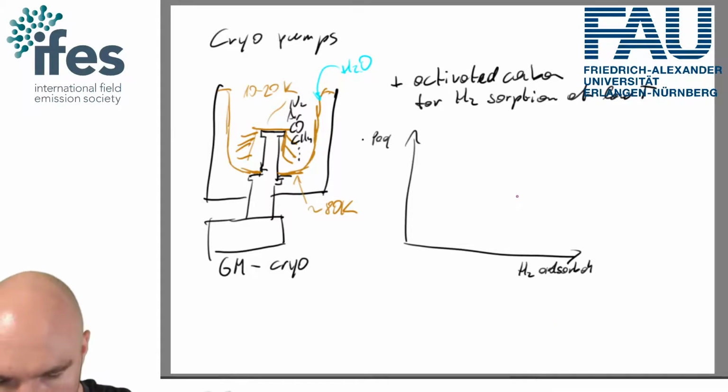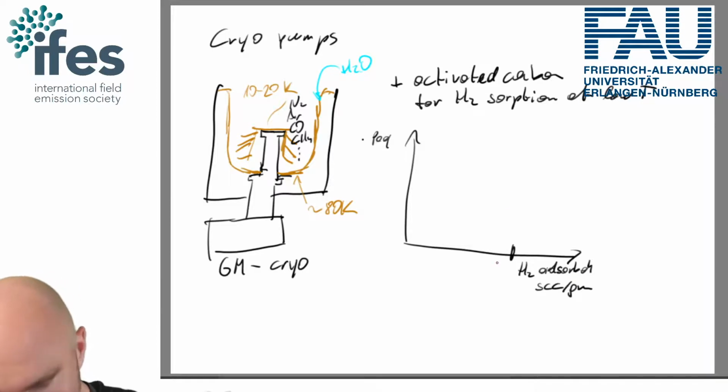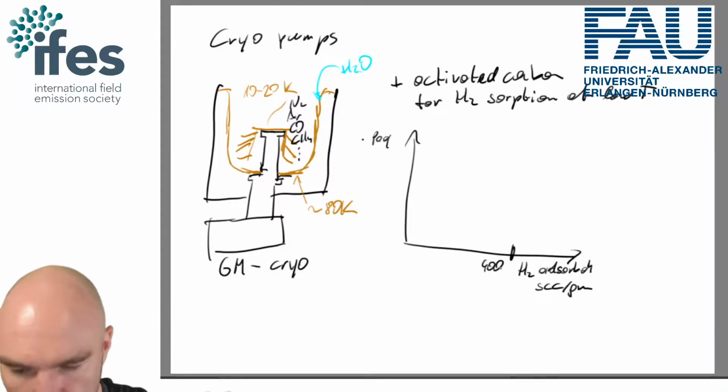then you'll see that, and we have that in standard cubic centimeters, so cubic centimeter of hydrogen at room temperature per gram of activated carbon. And the limit will be at about, 1 gram of carbon will be able to take up about 400 standard cubic centimeters per gram.